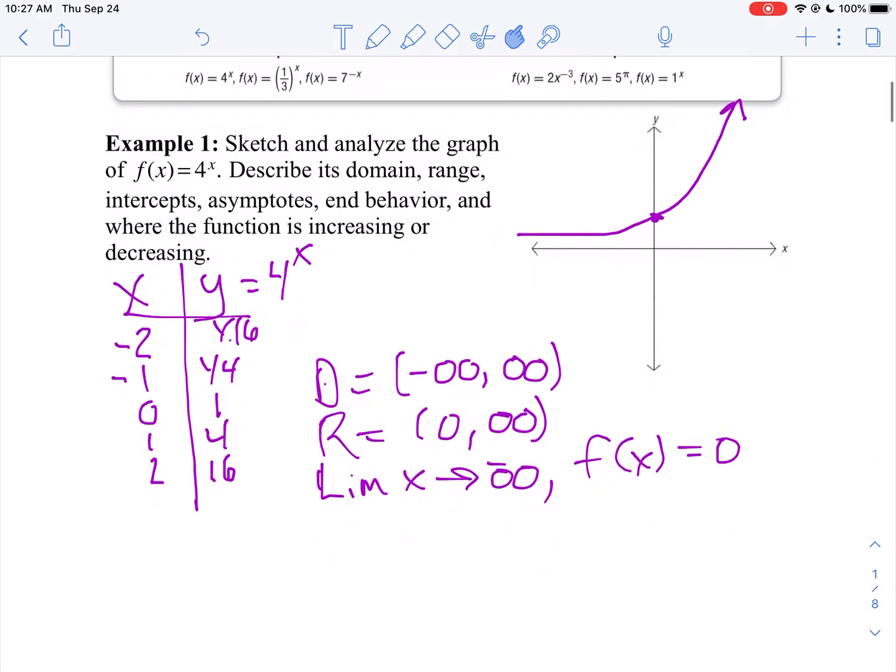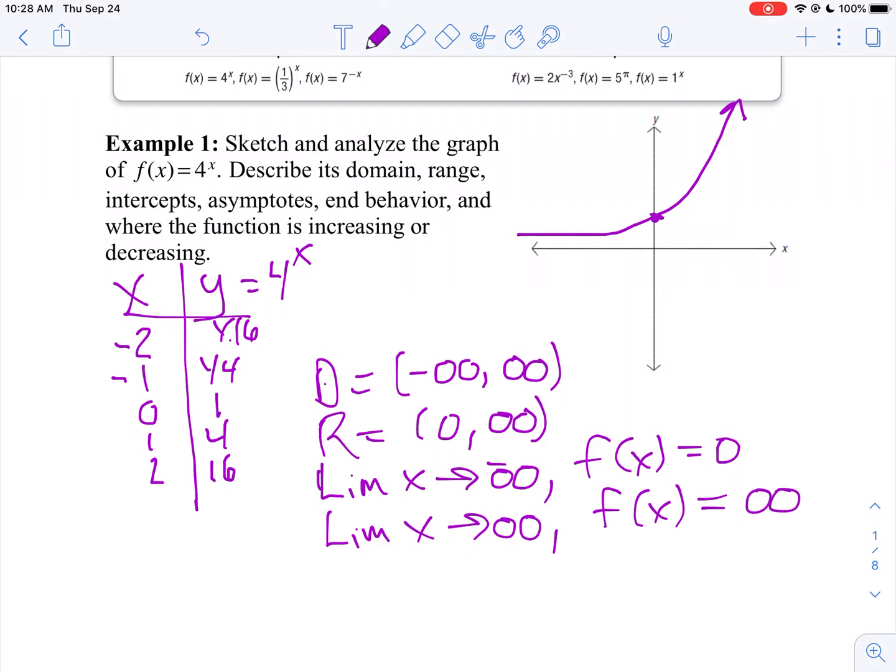And the limit as x approaches +infinity, notice it gets really, really big, f of x is going to approach +infinity. Maybe instead of an equal sign, I should say my arrow, because that's what it's approaching. And it's increasing the entire way, isn't it? Because we go from left to right.